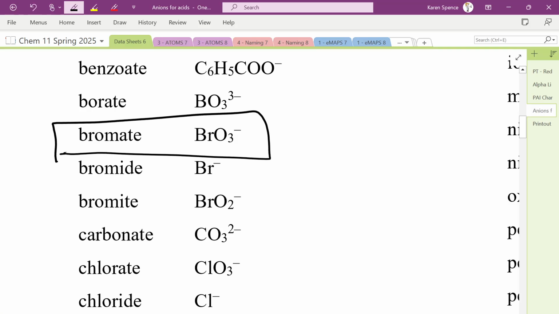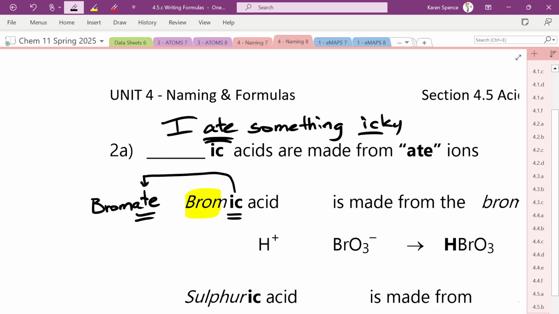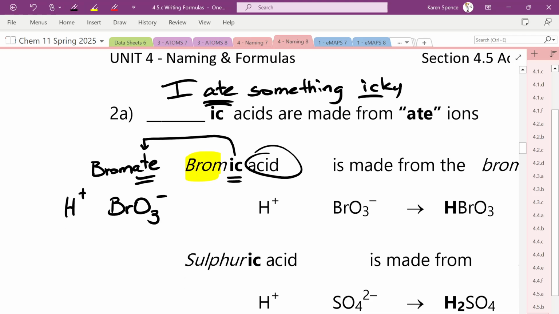That's a nice place to find it, okay? So we have BrO3-, and it's an acid, so our other ion is H+, which means it's going to be HBrO3. Yes? Okay.